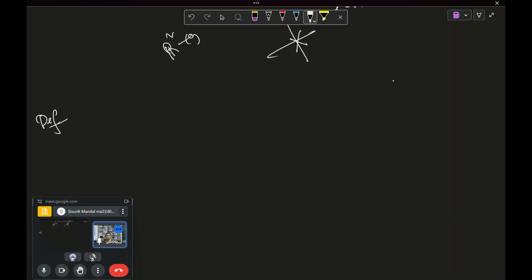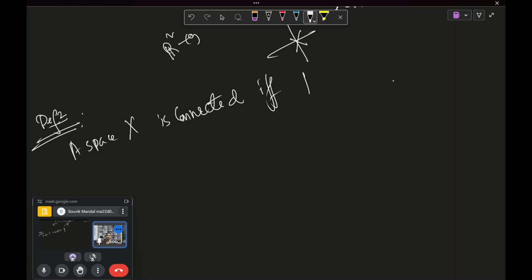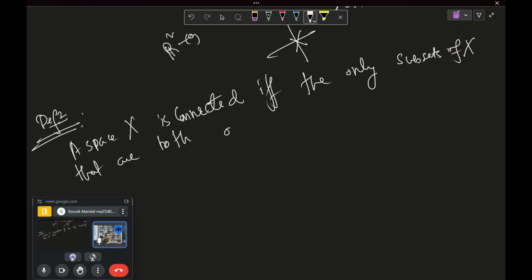This goes as follows: a space X is connected if and only if the only subsets of X that are both open and closed in X are empty and X. So this is another definition.